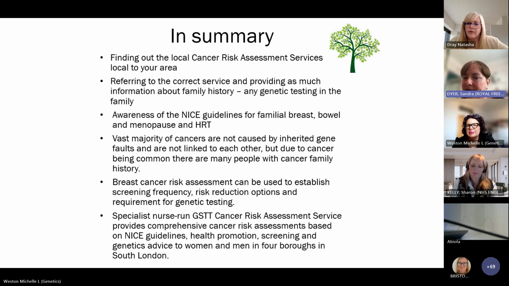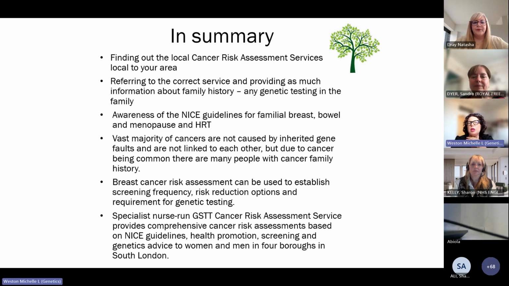Are there any tests that are needed before the smear to see what was going on? I'm presuming they're asking whether any sort of genetic testing might have been done. The other part of the question was that the person has cancer in the family, but doesn't specify what that is. Do either of you want to come back on that?